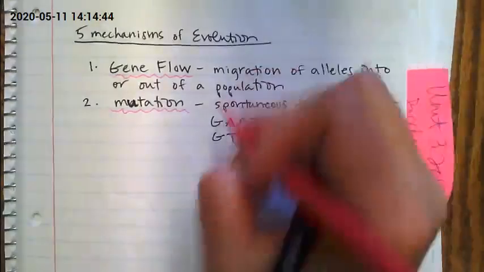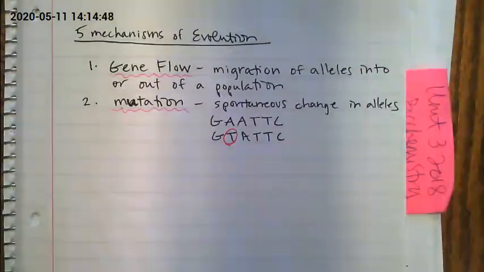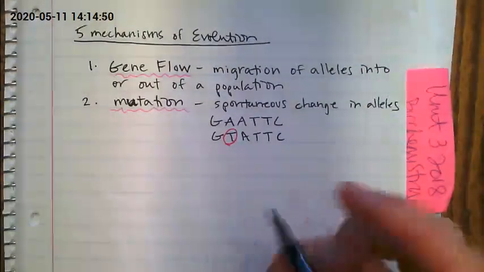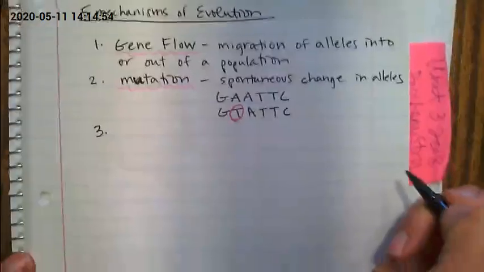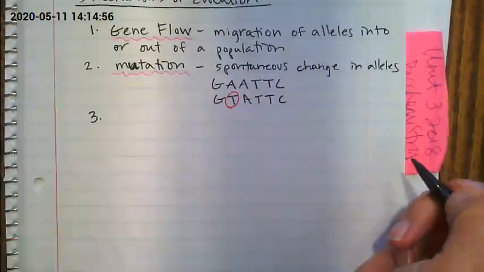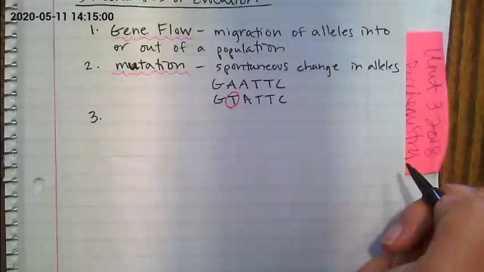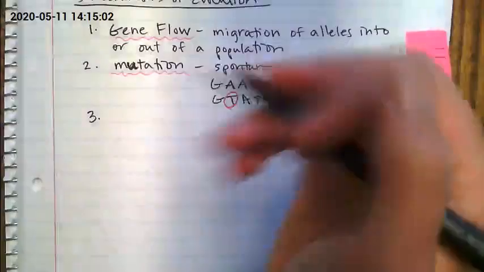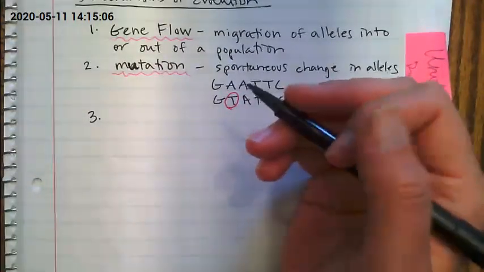Right. We have a swap, and that could have been swapped to a C or a G or something else, but yeah, so it's a mutation. And those happen randomly and they're spontaneous, and if it produced a beneficial trait, chances are it'll continue to be copied. It'll increase the success of that individual.